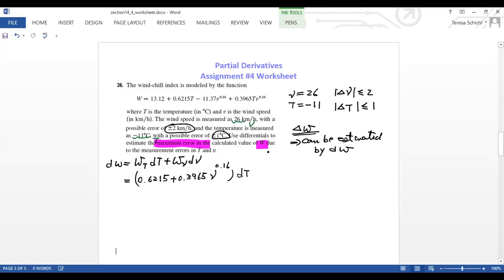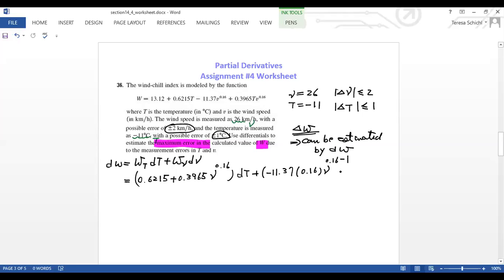Okay, now I'm doing the partial with respect to V, right? For the V here, the first term disappears, the second term disappears. So the third term will be negative 11.37, and you use the power rule, so it's 0.16 V to the 0.16 minus 1, right?